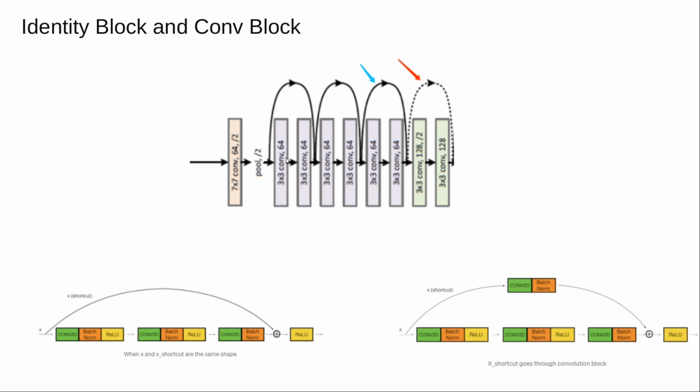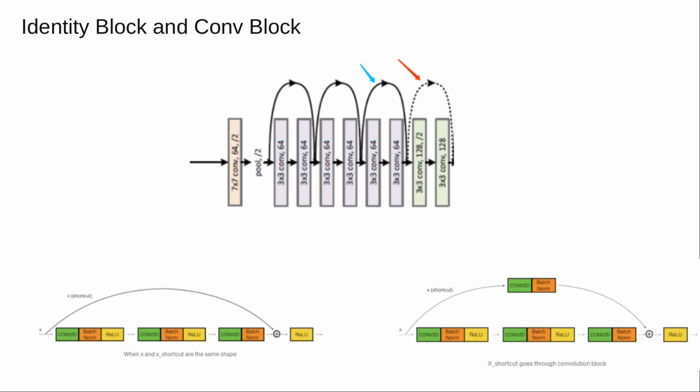In the identity block, the first one, there is no convolution layer at the shortcut. In this case, the input has the same dimension as the output. In the identity block, the input of the block is added to the last one right before the final activation function.